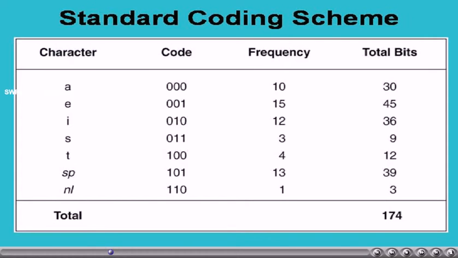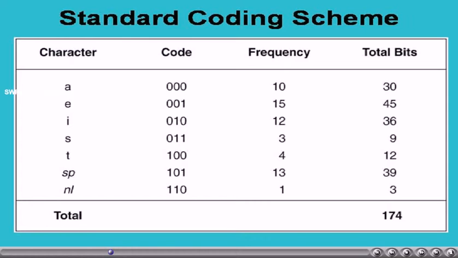Let us assume that the uniform length coding employed for the symbols A, E, etc. is given in this table. As there are 7 symbols, at most we may require 3 bits to represent any symbol. Thus, the codes assigned for the symbols are 3-bit length codes.